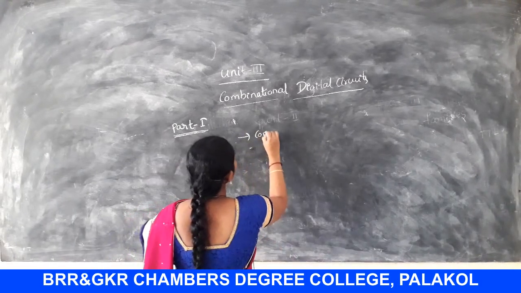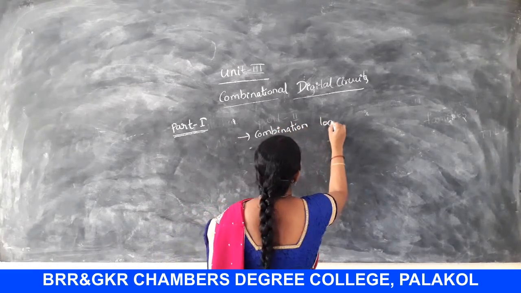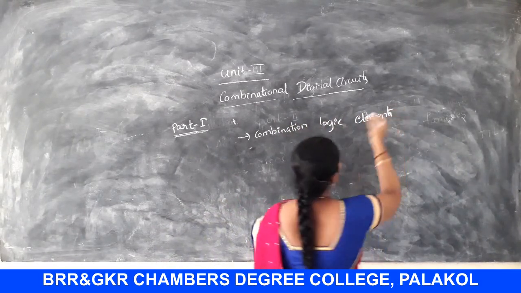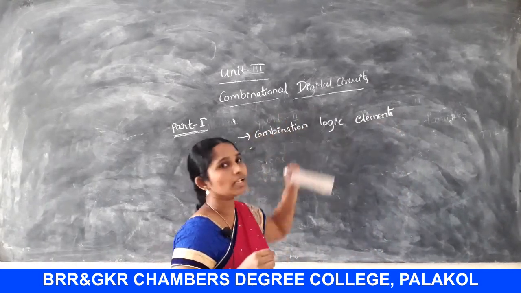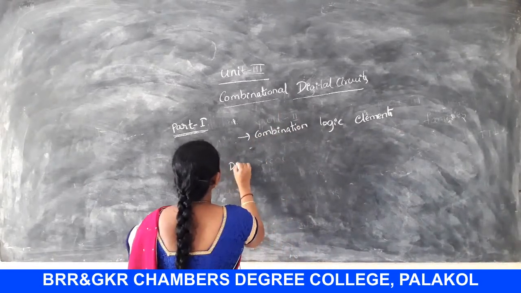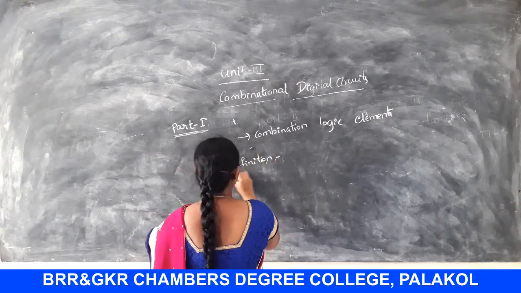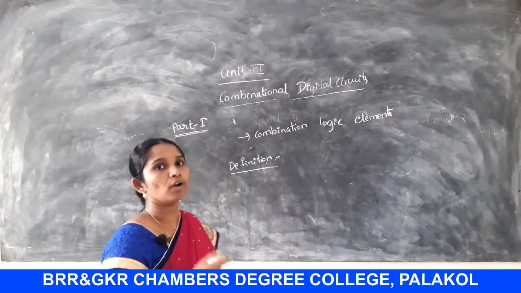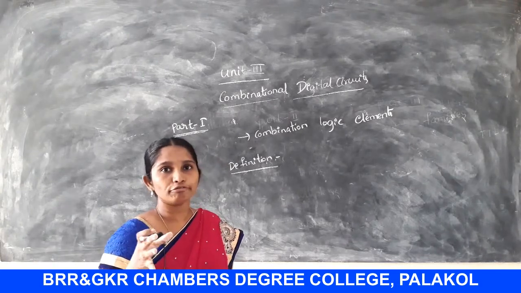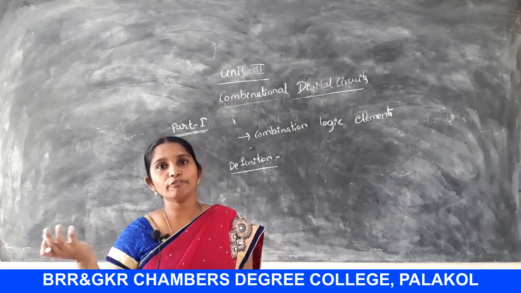So the combination of logic elements is called a combinational circuit. Coming to the definition of a combinational circuit, when you apply one or more inputs, it will produce one or more outputs.